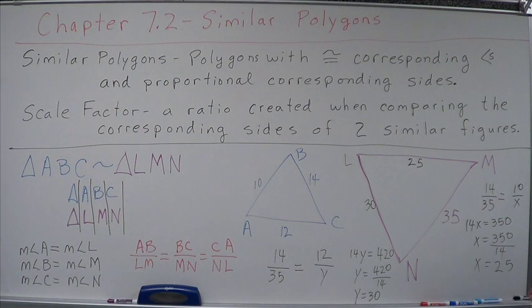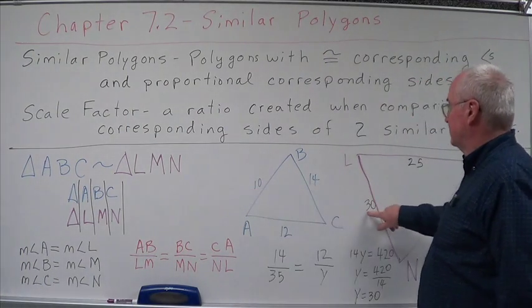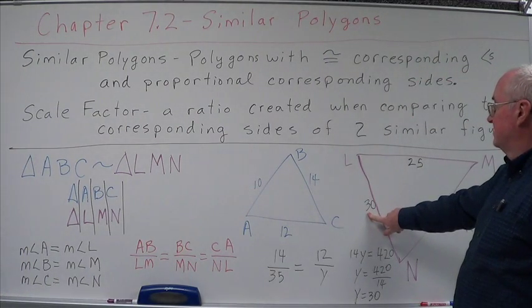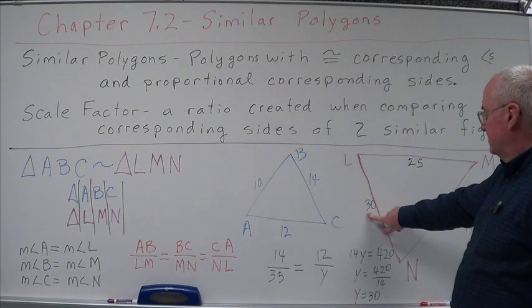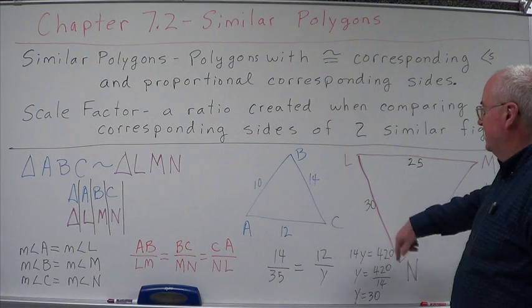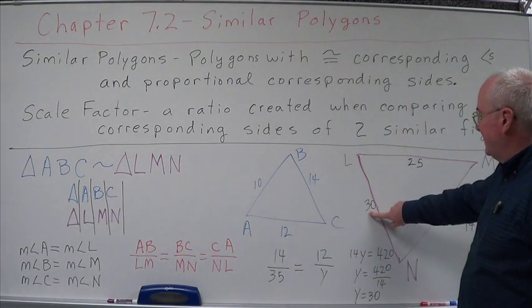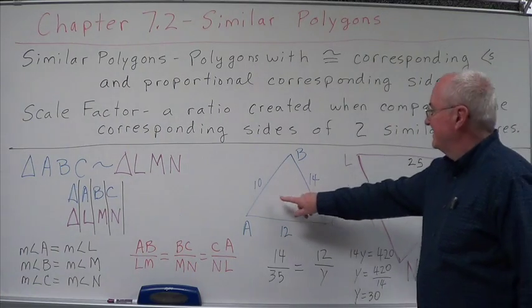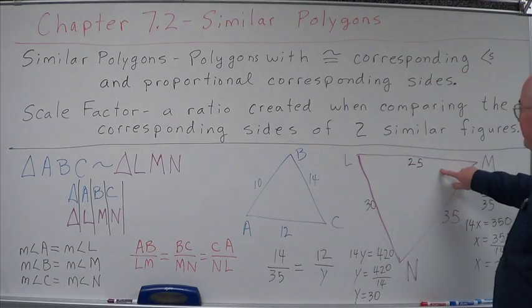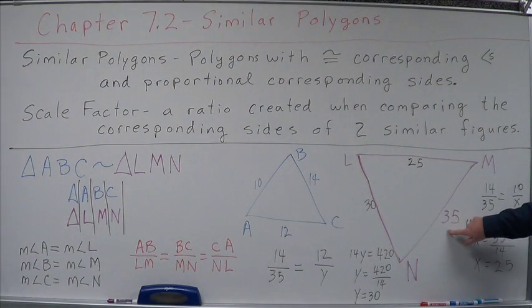Now let's look at this. AC is to LN as AB is to LM as BC is to MN.